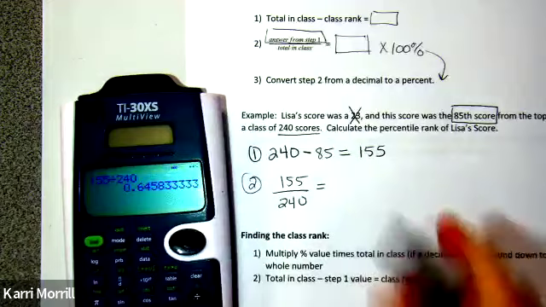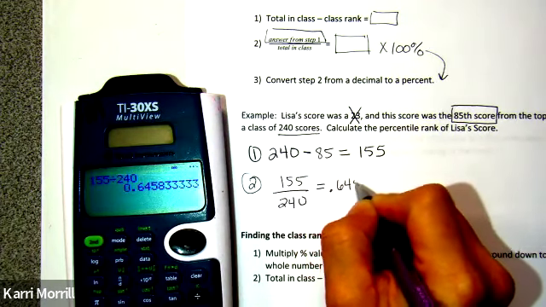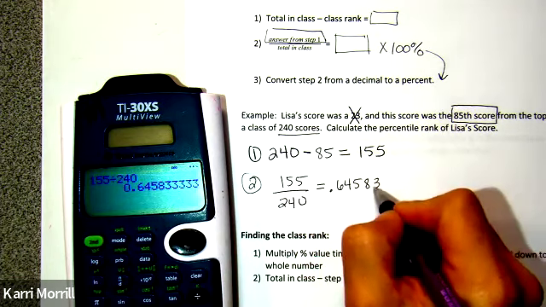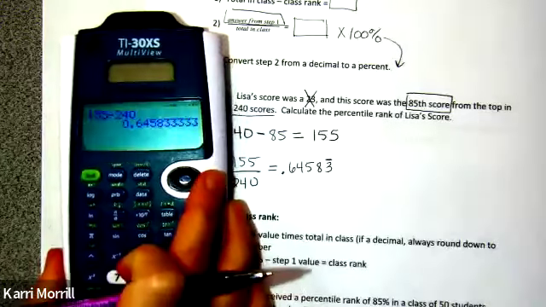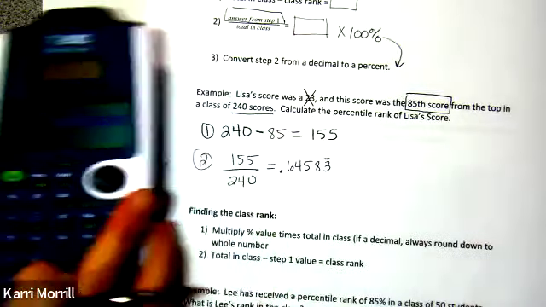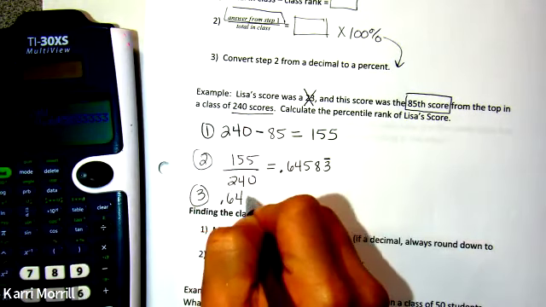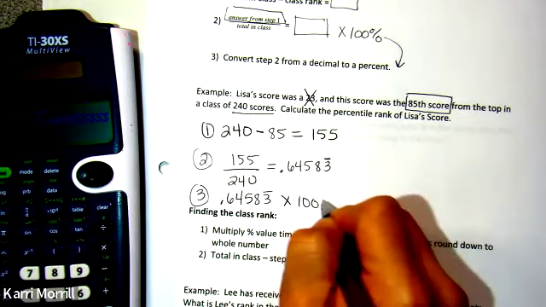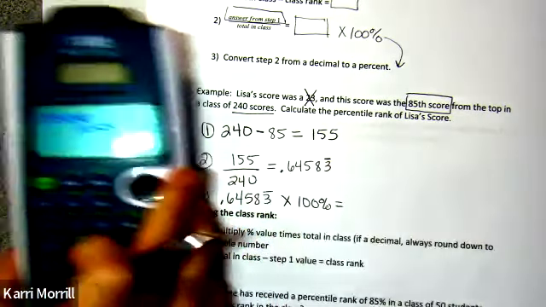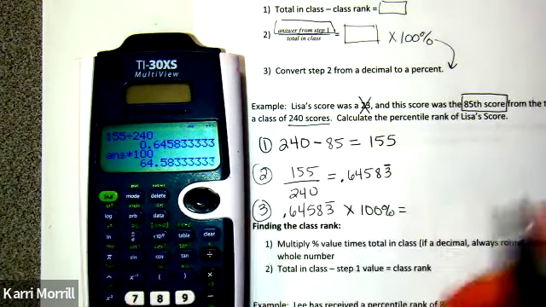In your calculator, I'm going to write 4 digits out, 0.6458, and then the 3 repeating, I'll just put a repeating line, because that's basically what's happening. If I want to turn that into a percentage, I take the 0.6458 that's in my calculator and take it times 100%. So times 100 gives me that.